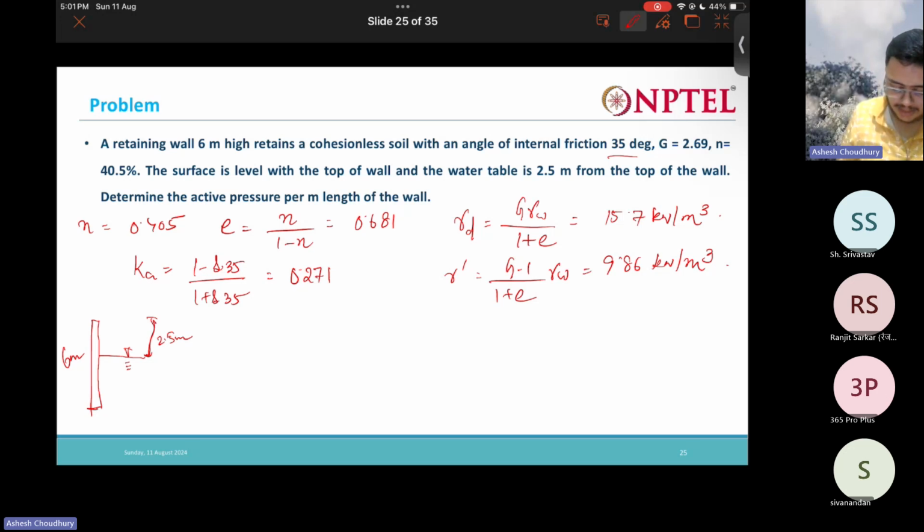How will you do that? In the top portion, the soil is dry. So what will be the variation of active earth pressure? It will be something like this. What is this value? 2.5 height times gamma 15.7 into Ka. This is this value.